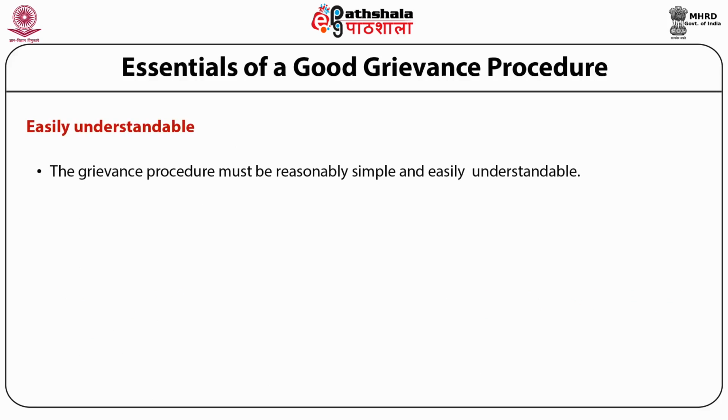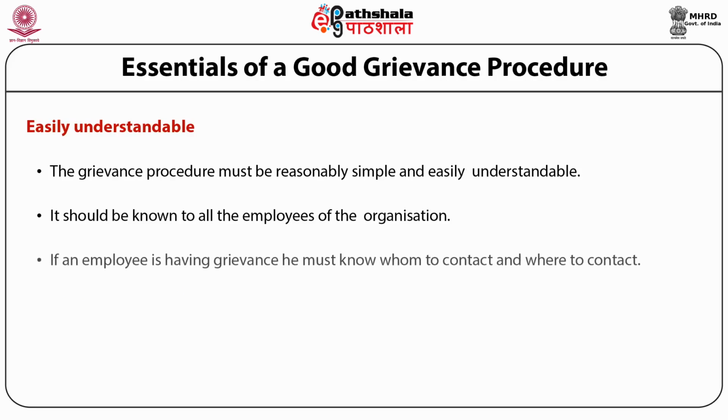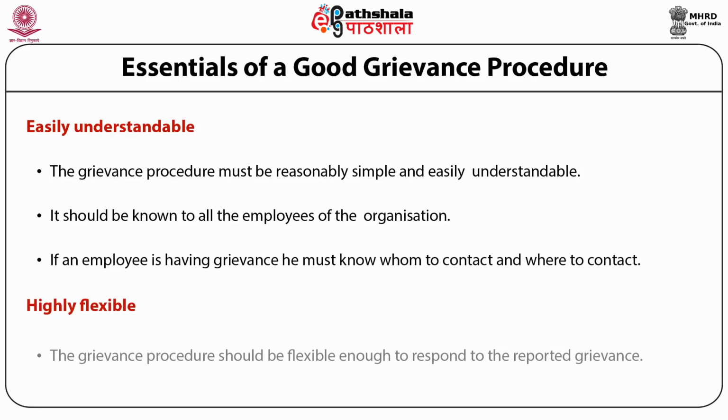The grievance procedure must be reasonably simple and easily understandable. It should be known to all the employees of the organization. If an employee has a grievance, he must know whom to contact and where to contact. Highly flexible. This procedure of grievance should be flexible enough to respond to the reported grievance.